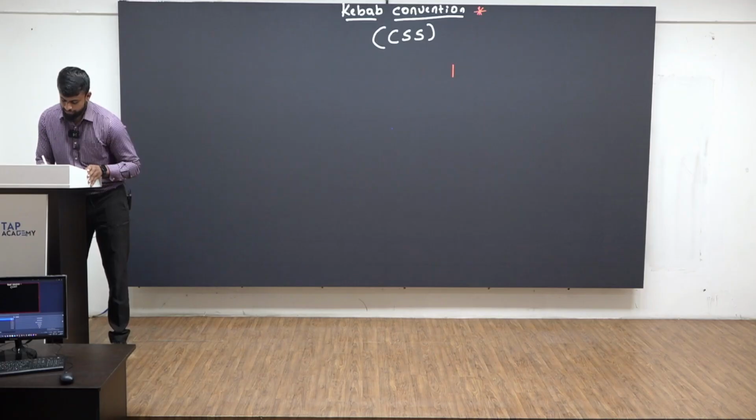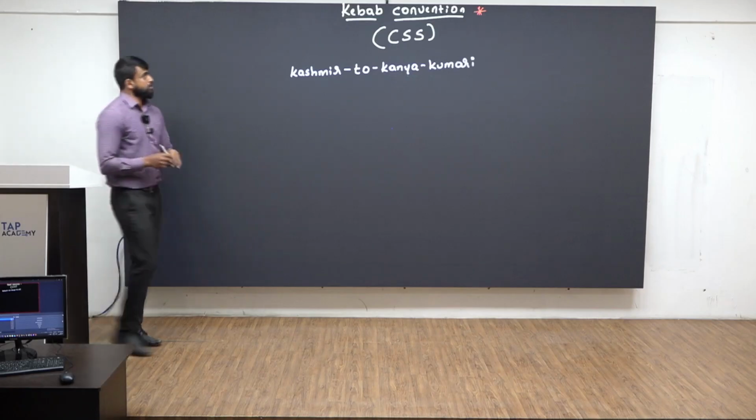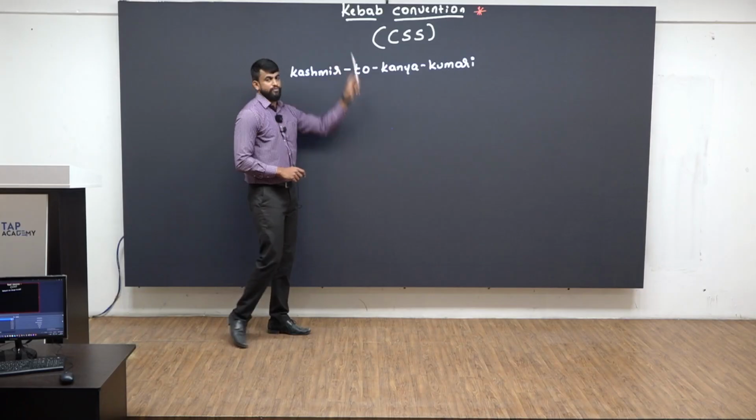I want to write Kashmir to Kanyakumari using kebab, and let us see how I can do it. Kashmir, very good. You should write Kashmir hyphen to hyphen Kanya hyphen Kumari, like this. So this is how you have to use kebab convention.